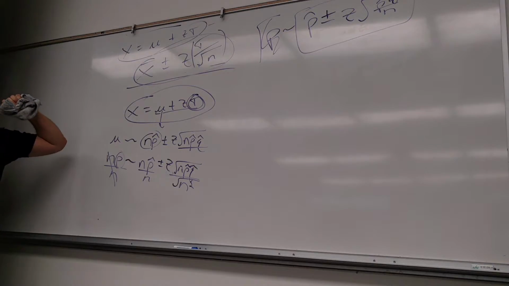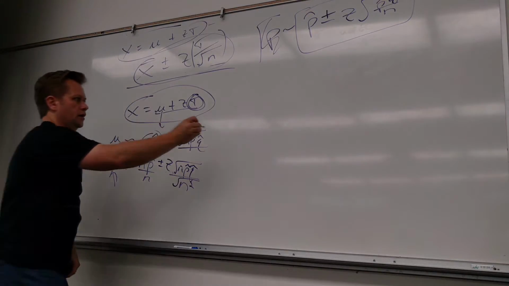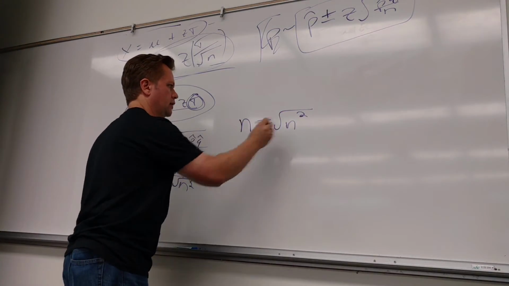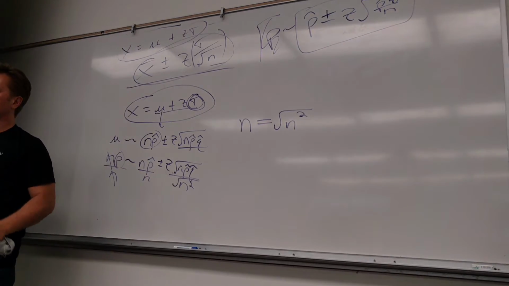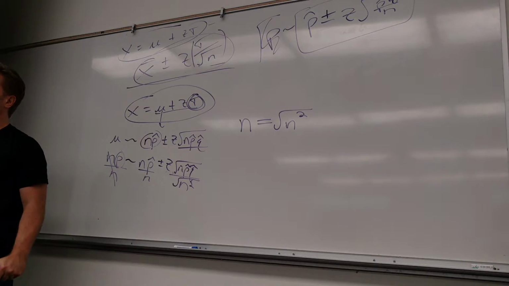Instead of square rooting the bottom, could you just square the top? No, I didn't square root the bottom. I really want you to understand. n is the square root of n squared, especially because n can't be negative, so I don't have to do absolute value. What's the square root of n squared? n. So wherever I see n, I can replace it with square root of n squared all day long.